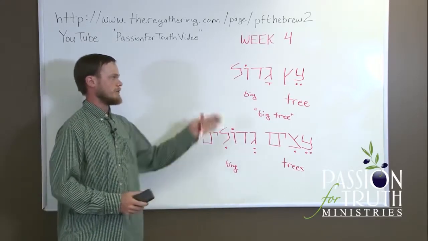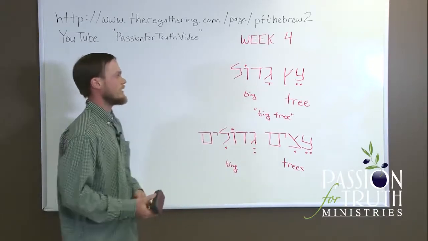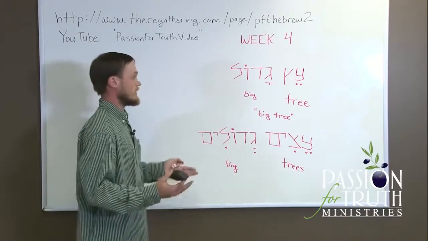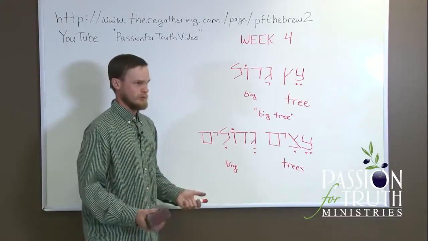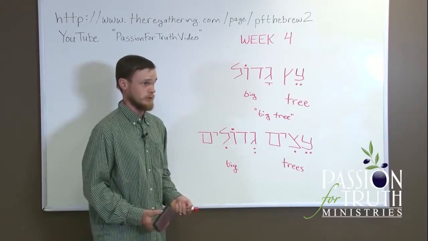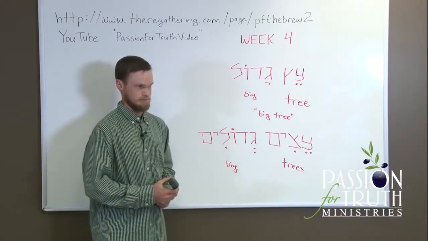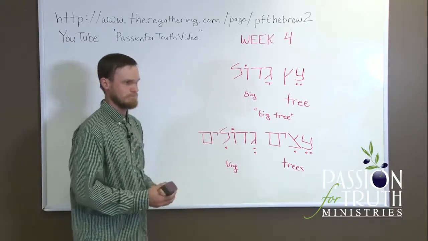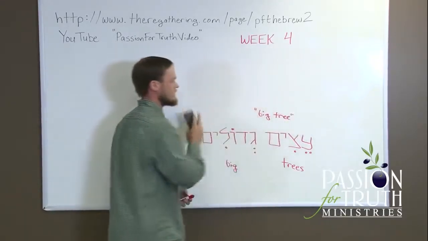And of course, it doesn't have to refer to a tree. If we were to speak of men, using good man that we had before as opposed to big man, ish tov, anashim, because that's the irregular plural of ish, as we discussed last week, anashim tovim, good men. I'll go ahead and write that up here, just so we have it.